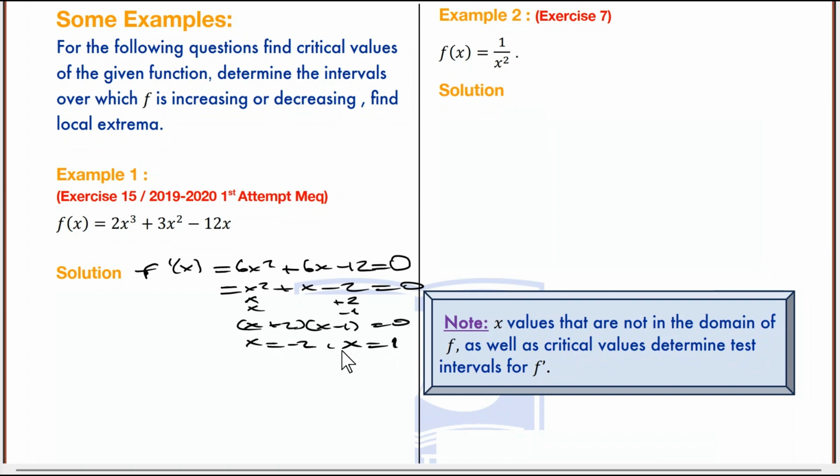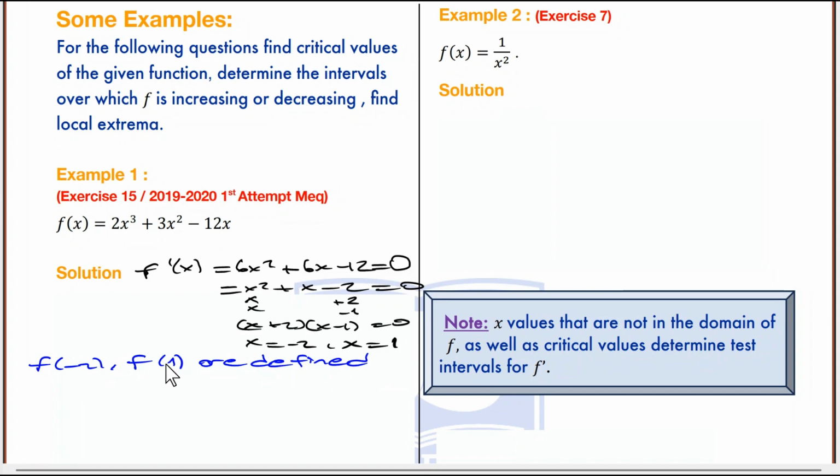I got two values. If these two values make the original function defined, then they will be our critical values. So do we know that f of minus 2 and f of 1 are defined? Yes, of course. When I insert negative 2 back, I'll get a number as a result. When I substitute 1 back for x, I'll get a number as a result. So those two are defined.